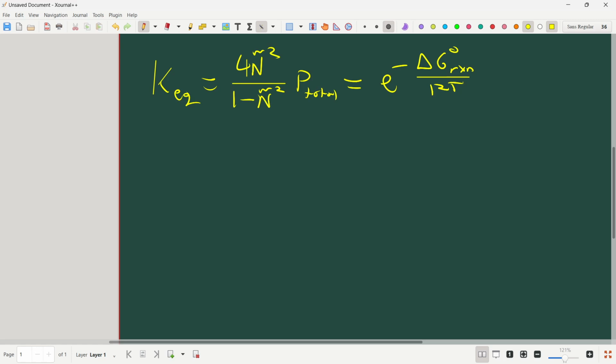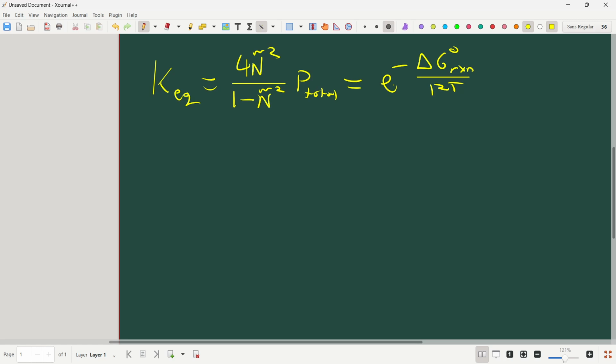So at fixed temperature, KEQ is fixed. So the amount of dissociation that we get, which is proportional to how many molecules of NO2 we form, changes as a function of total pressure. As pressure goes up, this dissociation goes down, and as pressure goes down, this dissociation goes up.